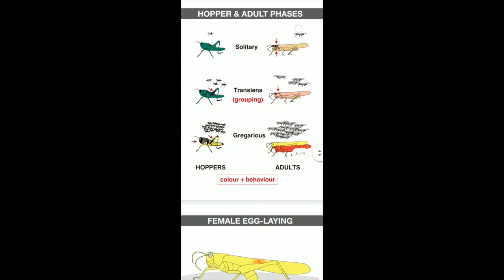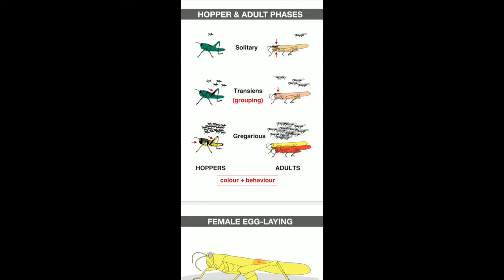So here's a summary then of the hopper and the adult phases, okay? It's a combination of the color and the behavior. So when you're in the field, look at the color of the locust and look at how they're behaving. If you see that they're green and they're behaving by themselves and it's a hopper, then you know it's solitary.